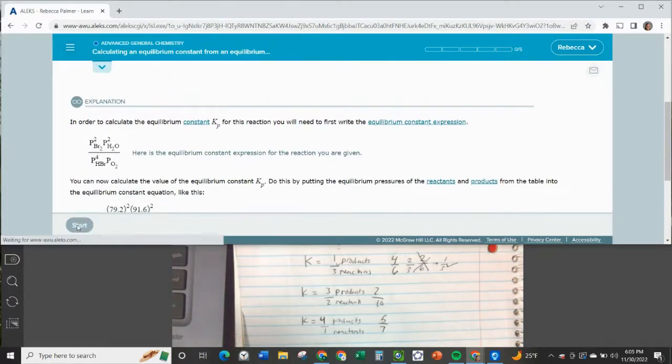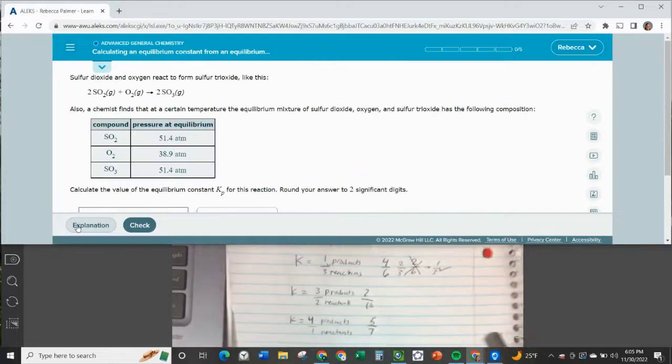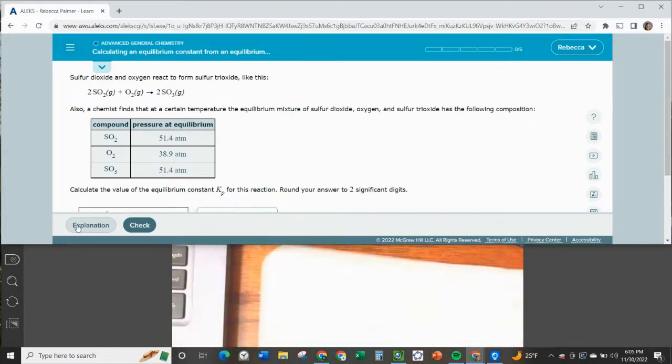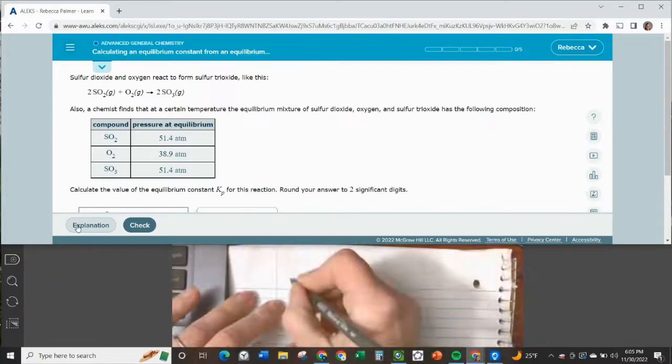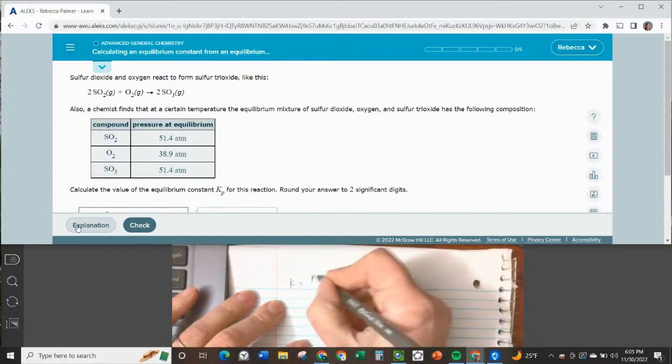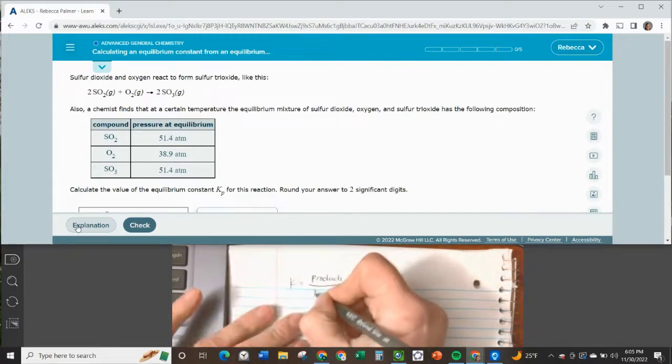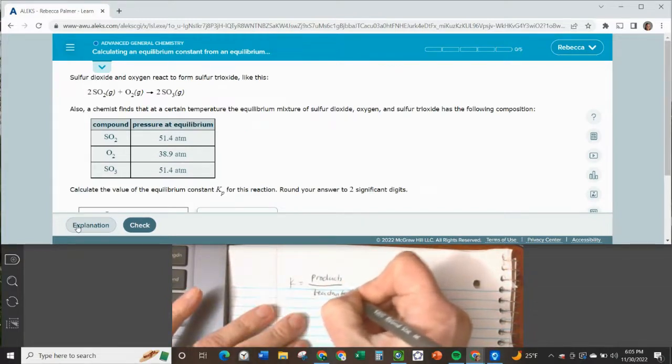Okay, so this one we're going to start. Let's do one. So the first thing that we need to do is write our equilibrium constant. So our equilibrium constant, remember, is always going to be the concentration of our products raised to their coefficient over the reactants.